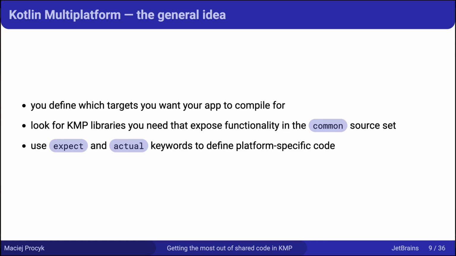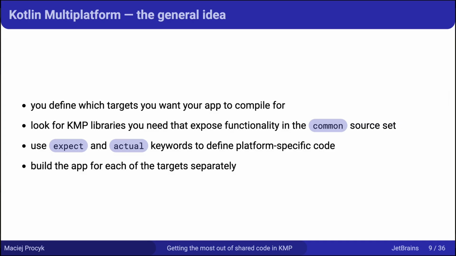But you also can make code behave differently in some concrete places on each of the platforms. That's what the expect/actual mechanism is for. It's usually used with functions, where you define some expect functions to be called in a specific place, and then you provide an actual implementation of those functions for each of the relevant targets.